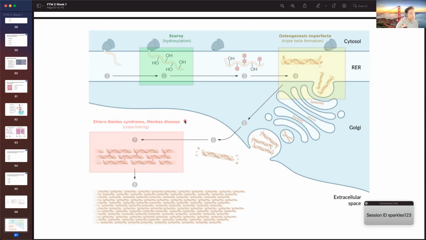What is Menkes disease dealing with? Copper deficiency. I see you guys saying it in the chat. Copper deficiency, very important, right? Copper deficiency here. What is the deficiency here? Vitamin C, okay? Don't switch up those two. This is happening inside the cell. This is happening outside the cell.